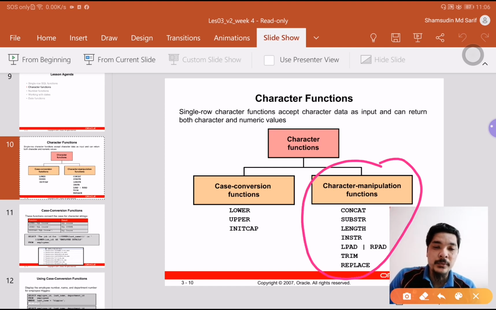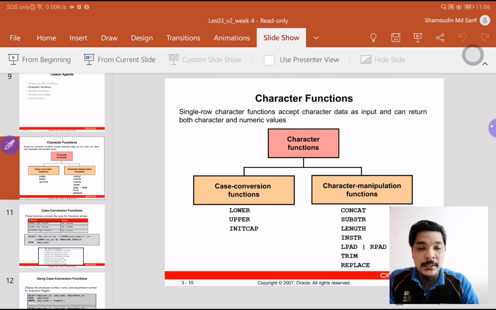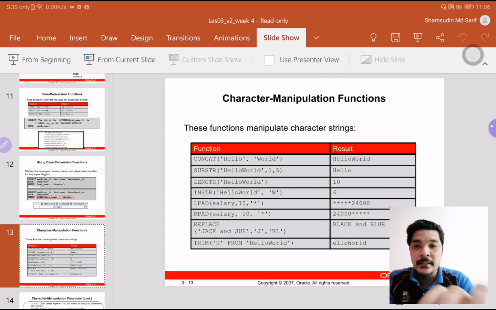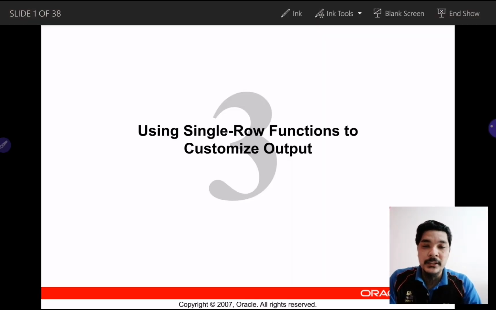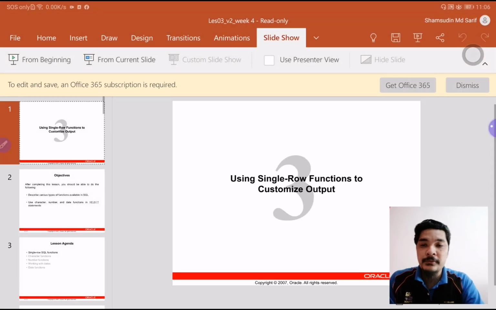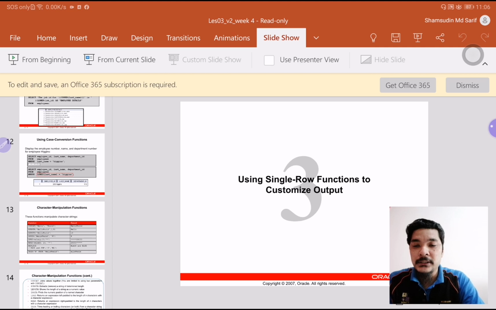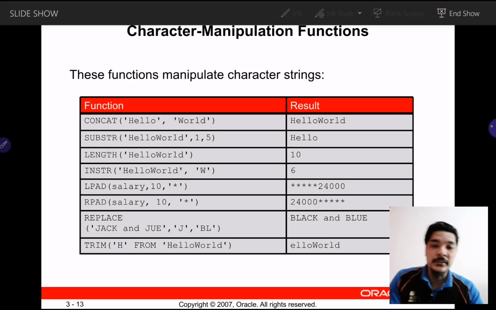The character manipulation functions are concat, substr, length, INSTR, LPAD, trim, and also replace. Okay, so move to these slides. Start from slide number 13, the current slide.